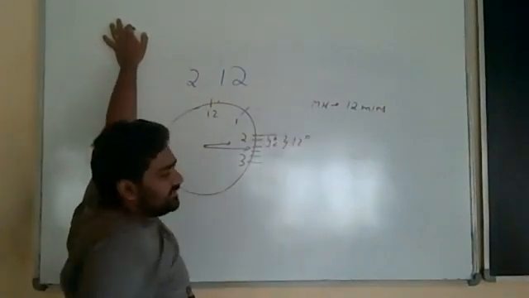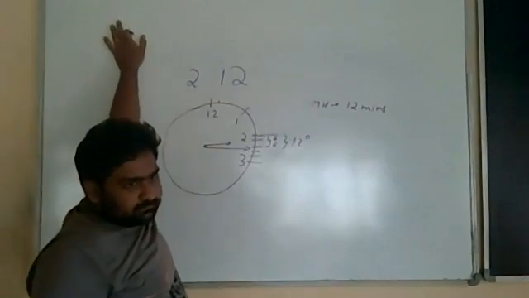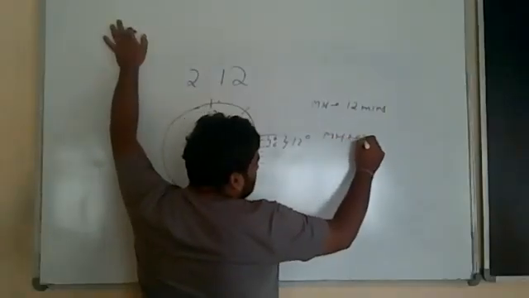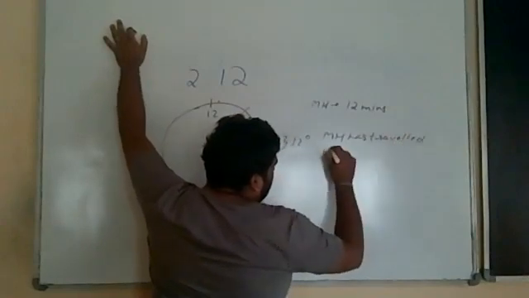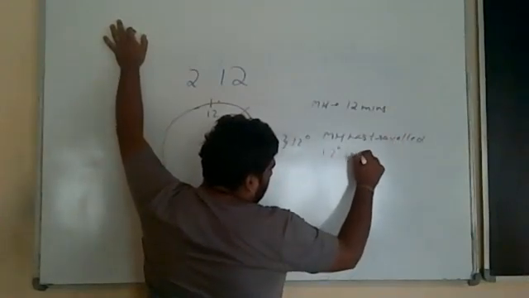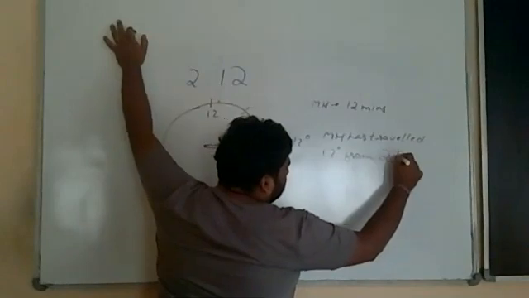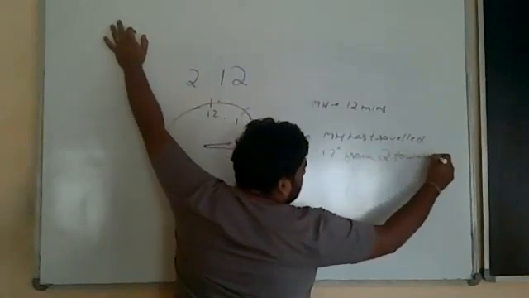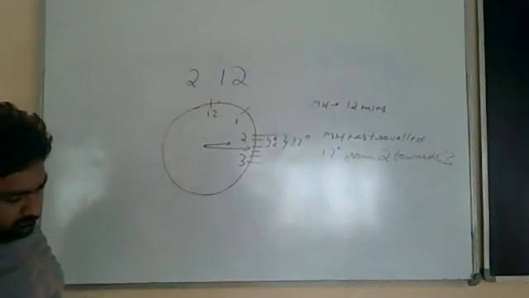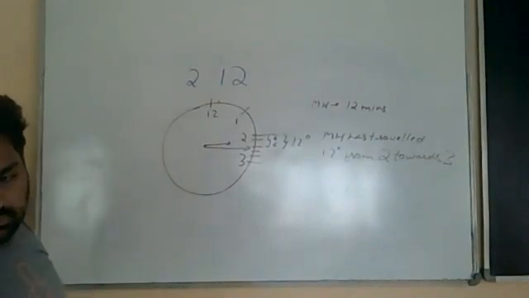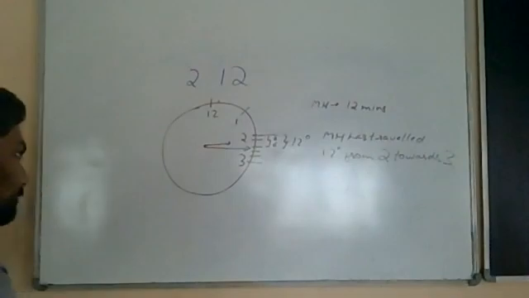Totally 12 degrees. Yes or no? So minute hand has traveled 12 degrees from 2 towards 3. Do you agree with this?